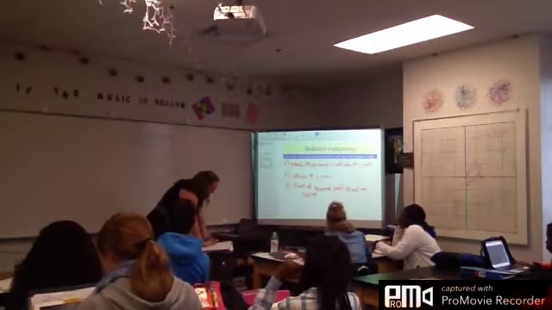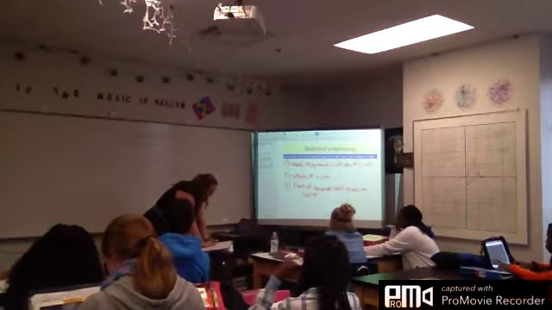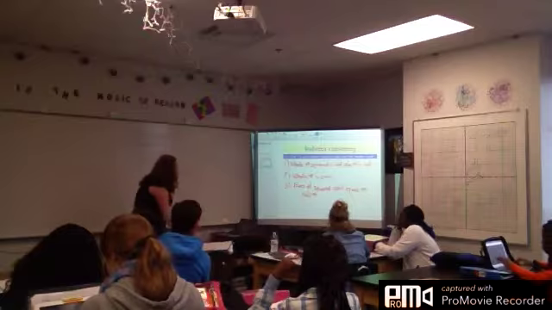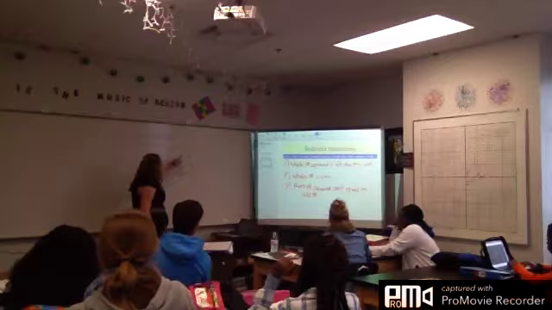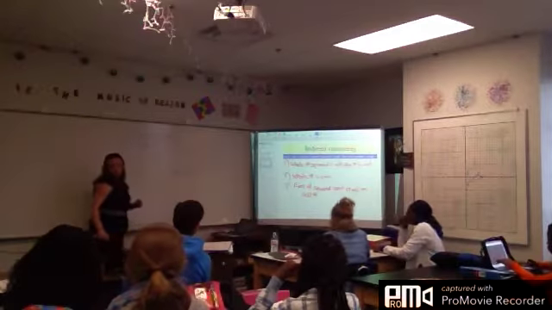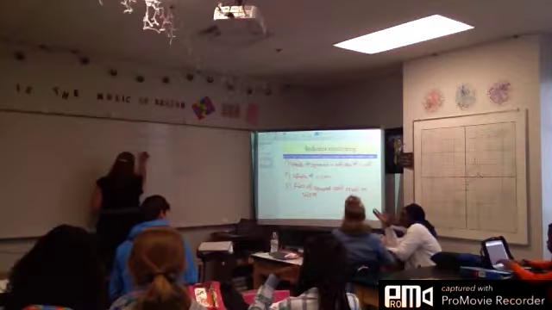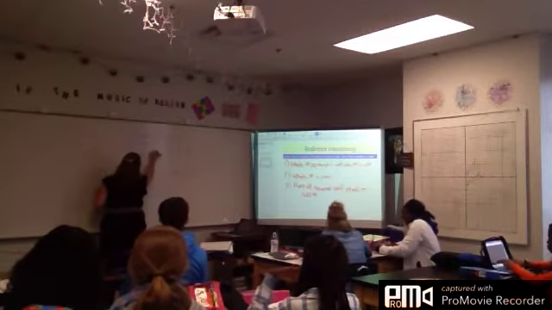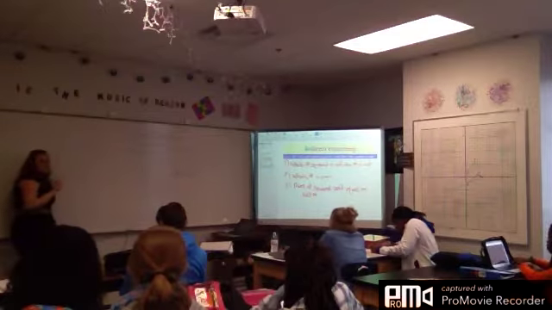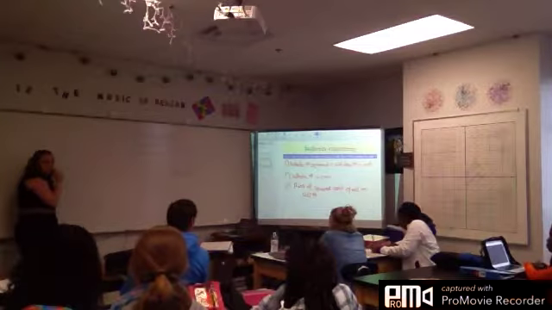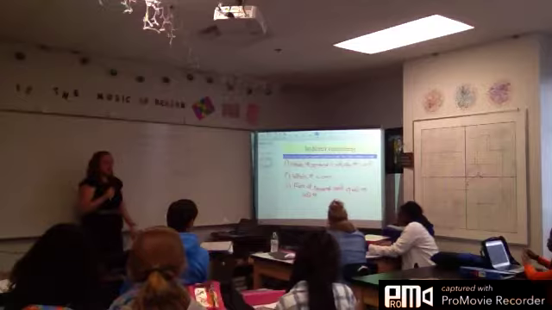Reason until you reach a contradiction. Good. So, if they are equal, if X and A are equal, what do we know about these two triangles? If the measure of angle X equals the measure of angle A, then I can do something with those triangles. What can I do with those triangles? Side angle side.